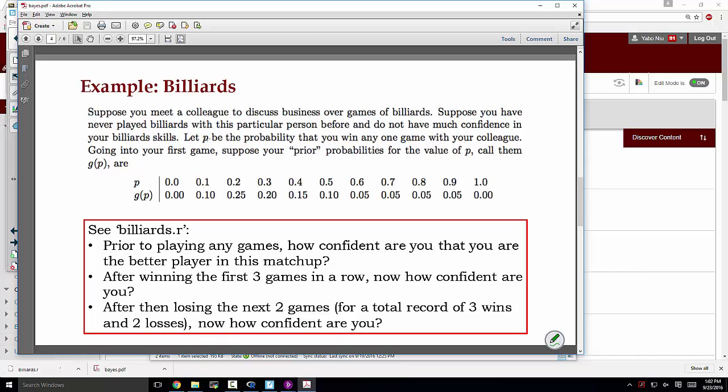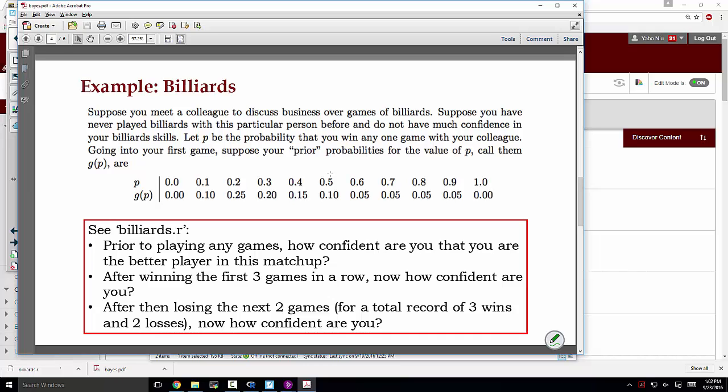Let our parameter of interest be P, the probability that you win any one game. Are you better than this person, in which case P is bigger than 0.5, or are you worse than this person, in which case P is less than 0.5? What we can do is specify a prior.